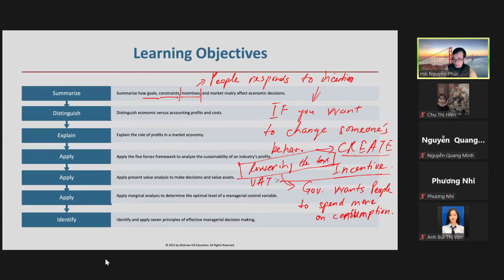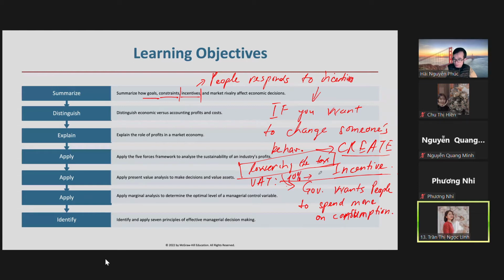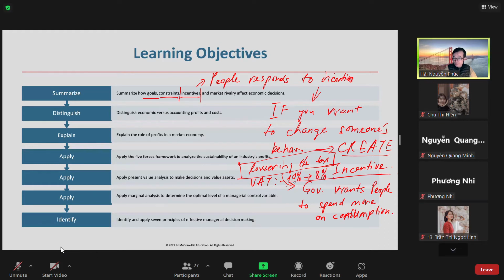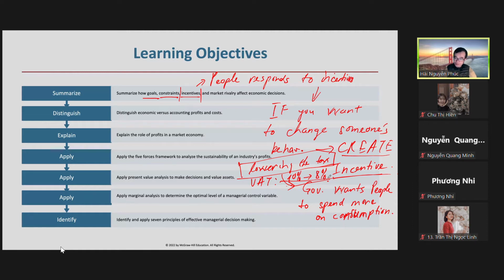And it is a practice in Vietnam. You can see that at the beginning of February this year, the VAT rate was reduced from 10% to how much? 8%. That's correct, right? So it is an incentive for people to spend more money on consumption, because by reducing the tax rate, the government can reduce the price in the market, right?